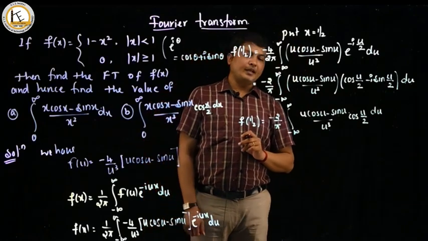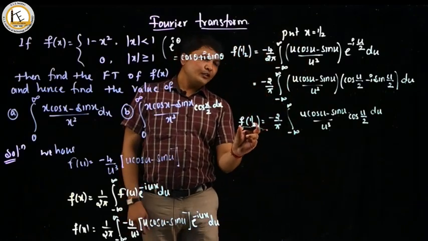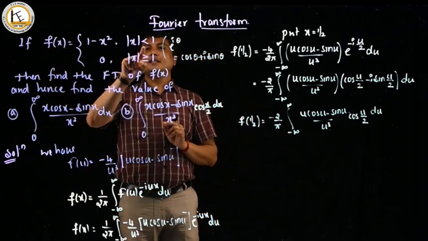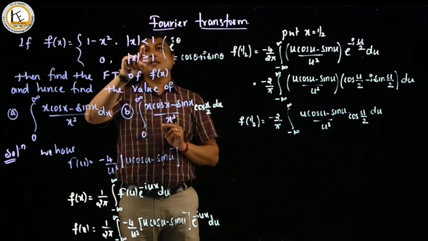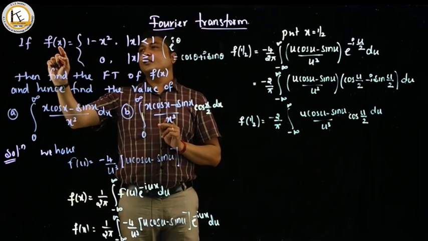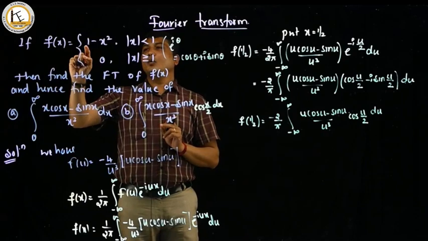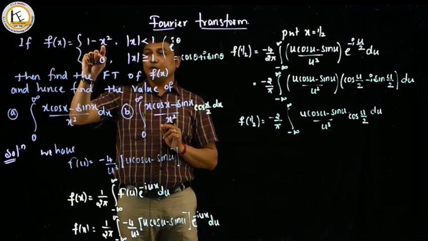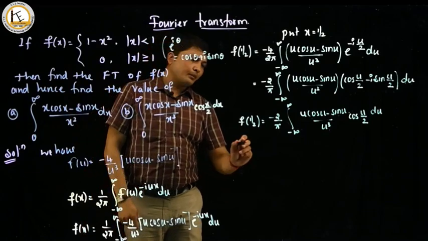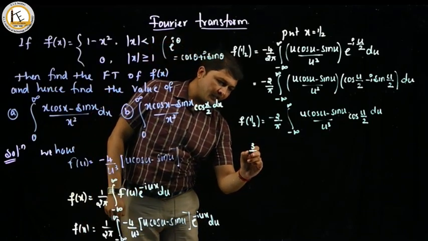And since we need to find the value of f of half, obviously half lies in this range, that is mod of x less than 1. So substituting x equal to half in this function, we have 1 minus half squared, which is 1 minus 1 by 4, so 3 by 4.